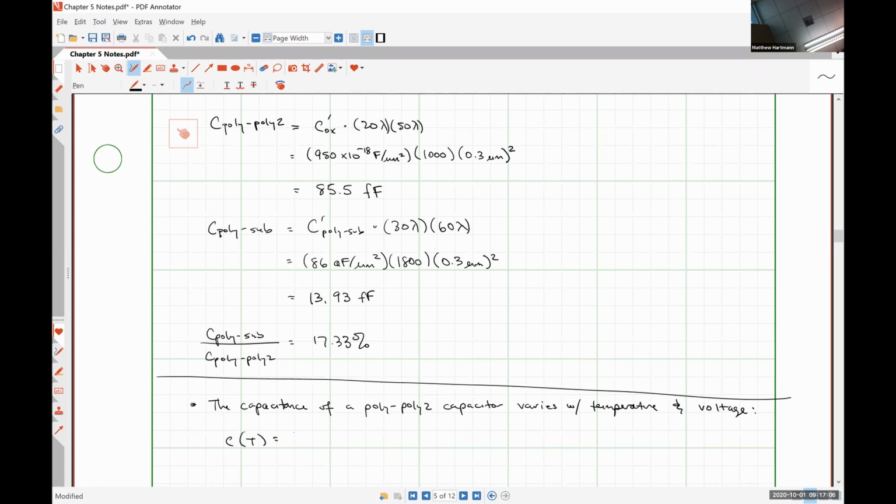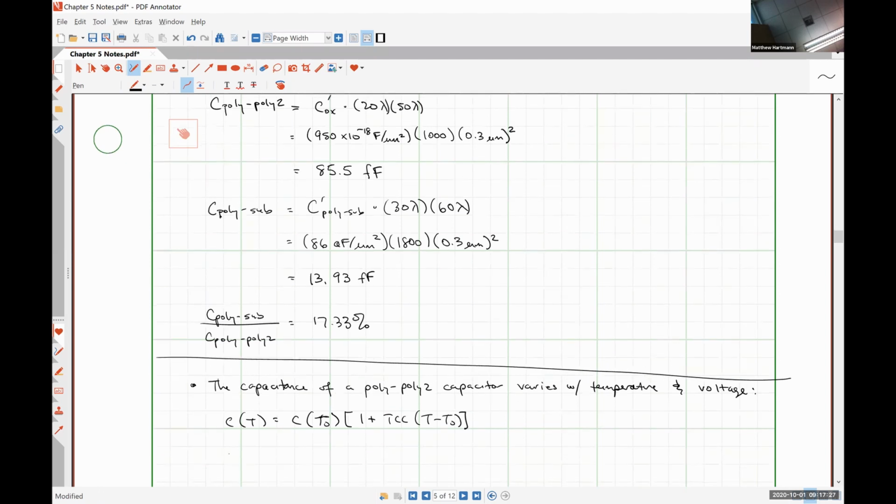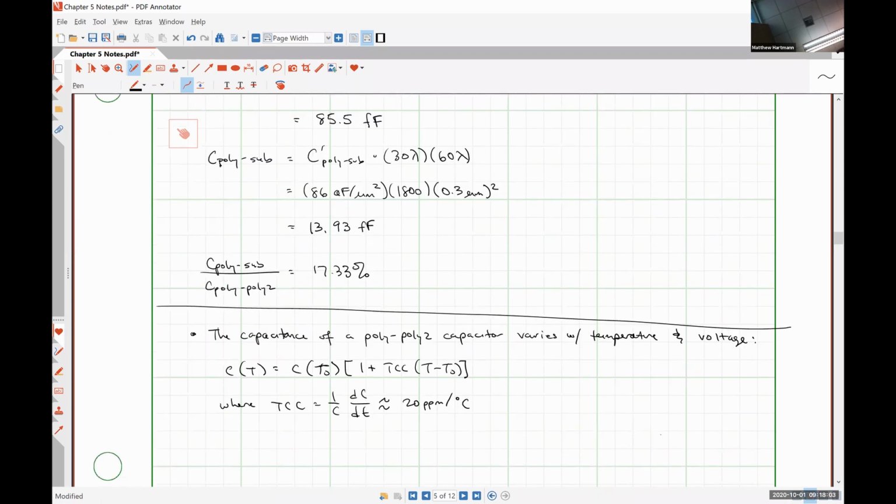The capacitance as a function of temperature is the capacitance at room temperature multiplied by 1 plus the temperature coefficient of capacitance multiplied by the variance in temperature, where TCC is this, which for our process has approximately a value of 20 parts per million per degree C. So 20 parts per million per degree C means that we're going to see a much smaller variation in capacitance due to temperature changes than we saw as a variation in resistance due to temperature changes.